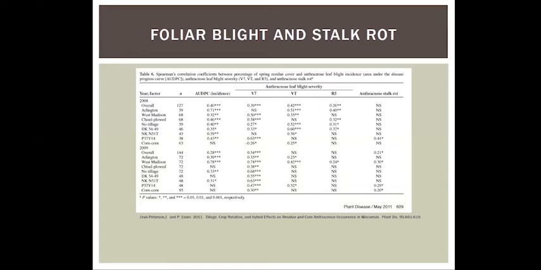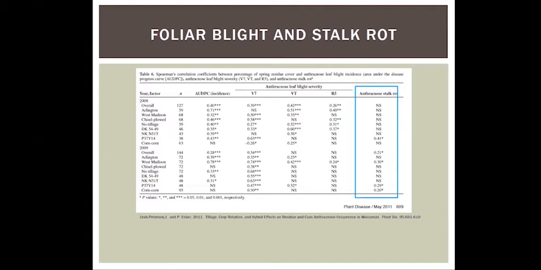He was doing work on anthracnose across different sites in 2 years, looking at different practices and the amount of anthracnose leaf blight severity and the amount of stalk rot. What we're seeing here is that there's no clear association between the AUDPC, the actual leaf blight severity, and the amount of stalk rot.